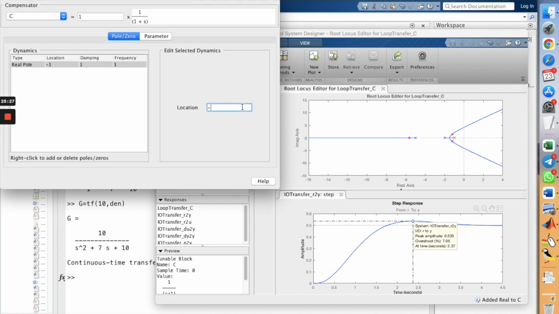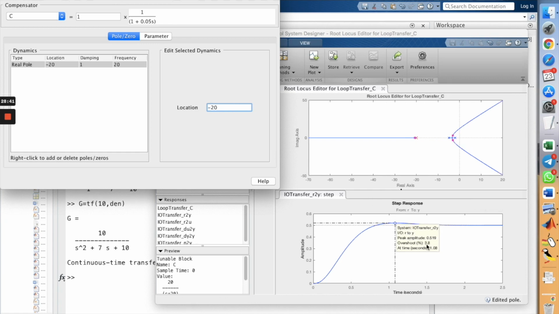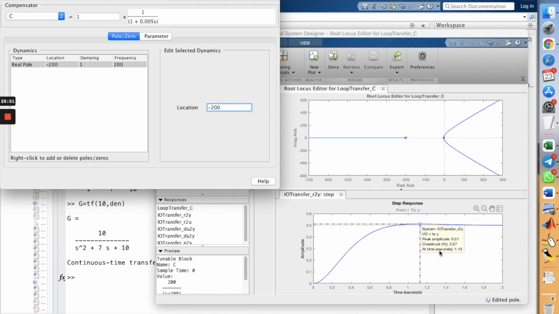When I change to -6, it becomes 8.72. When I change to 20, it becomes 3.8. When I put it like 200, it becomes 2.07.